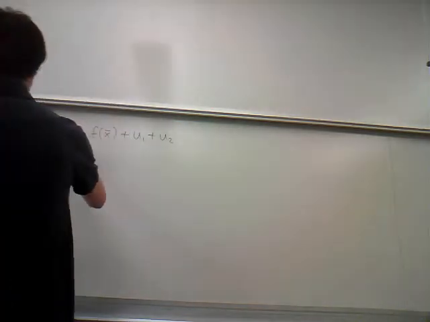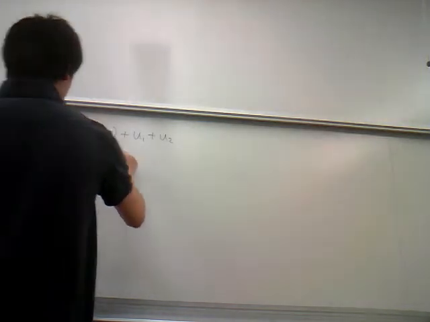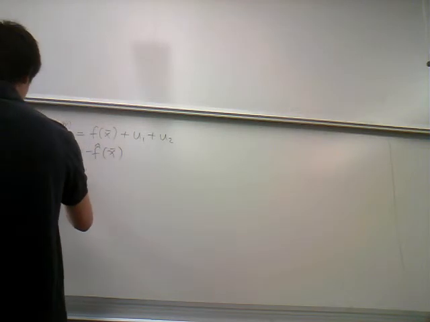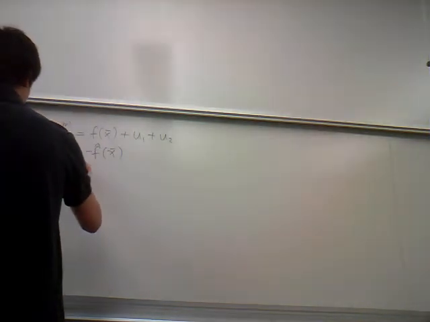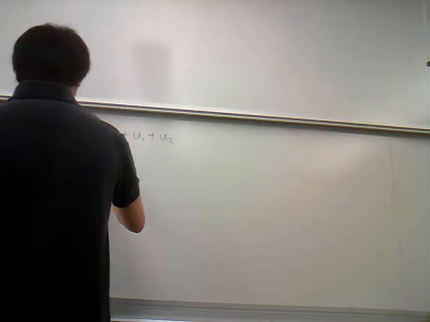We let u1 be equal to our best estimate of the dynamics, and then we're left with just some 1 over s to the m plant equals u2.